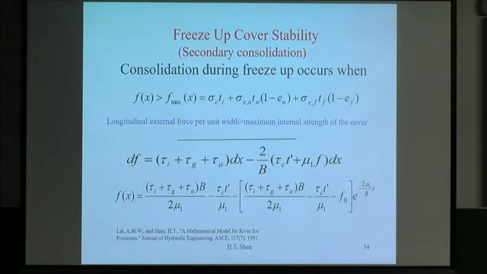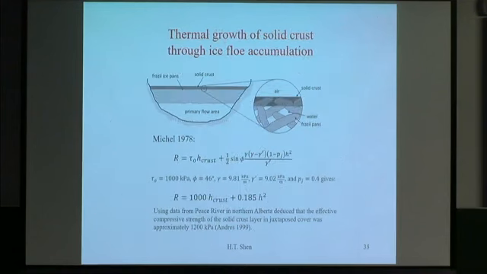And when this happens, or before this happens, there may already have been a jam in the river for a period of time, and then we already formed a thin solid crust there. And this will give us extra strength. So when we look at whether we will have secondary consolidation or not, this effect needs to be considered.